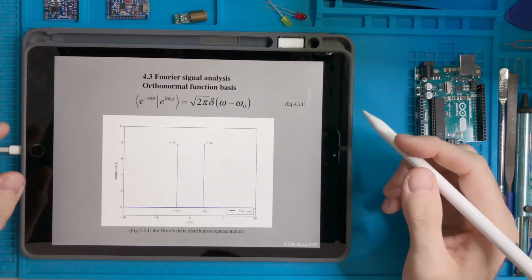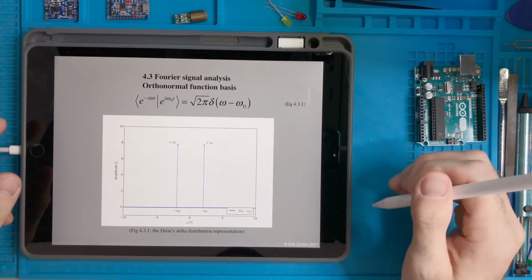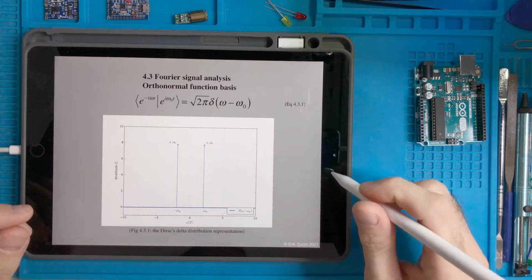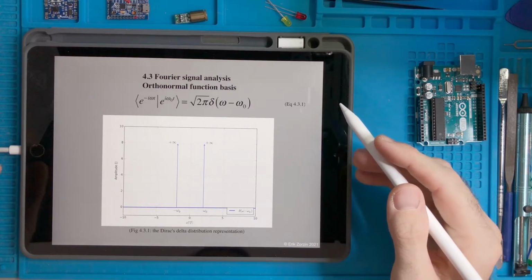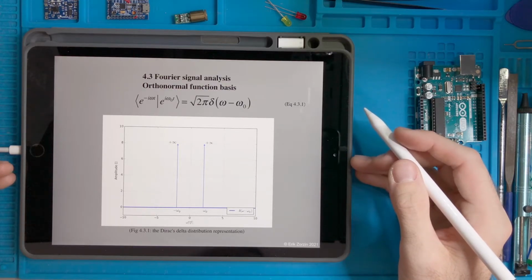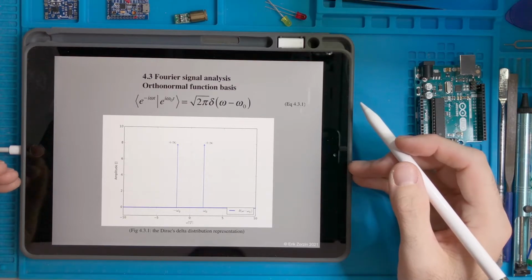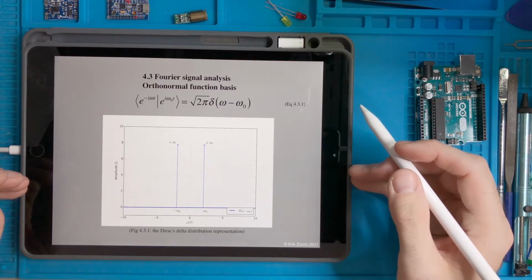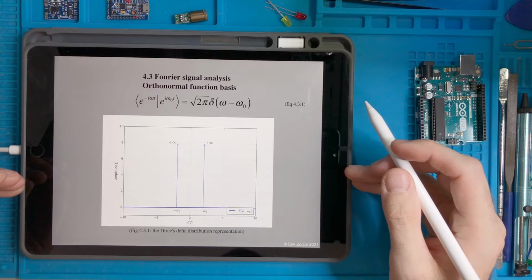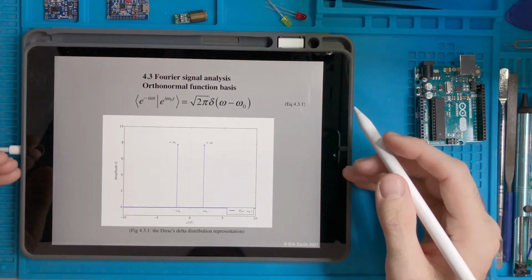So by orthogonal to each other, we know what this means in terms of geometry. How can we extend this to the world of functions? We can take advantage of the inner product. We said that if we have two vectors whose inner product is 0, then they are orthogonal.